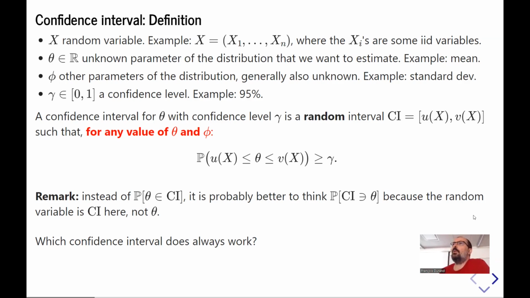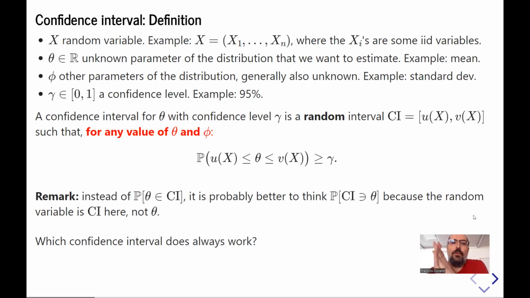So we will assume that you want to estimate one real parameter that is theta, which could be, for example, the mean of the distribution, the true mean, I mean. And there are also other parameters of the distribution that you can know or not know, such as the standard deviation, for example. And you give yourself a confidence level that will be typically 95% or 99% or 99.9%.